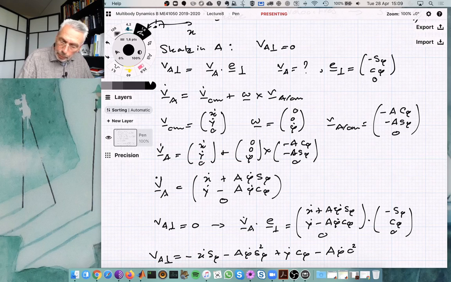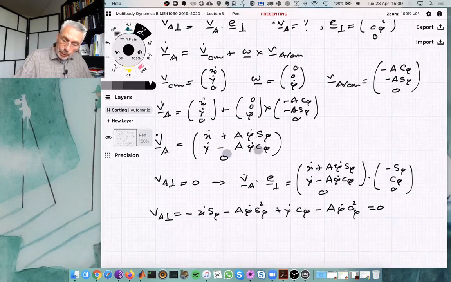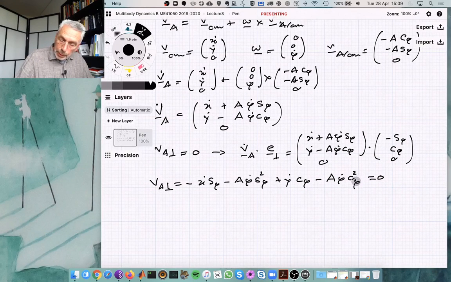Yeah, it's a sub phi, it's not so nice. And 0 times 0 is 0, so it should be 0. Of course, we see sine squared and cosine squared, so we get V A perpendicular is minus x dot sine phi plus y dot cosine phi minus A phi dot, and that should be 0.